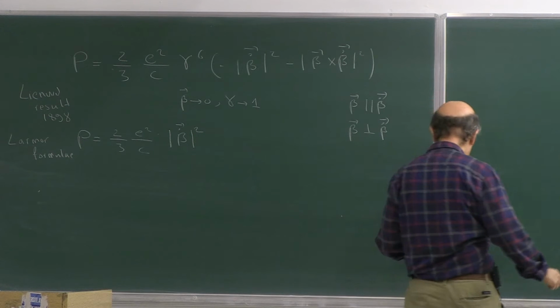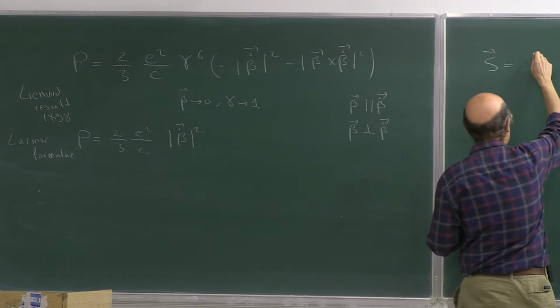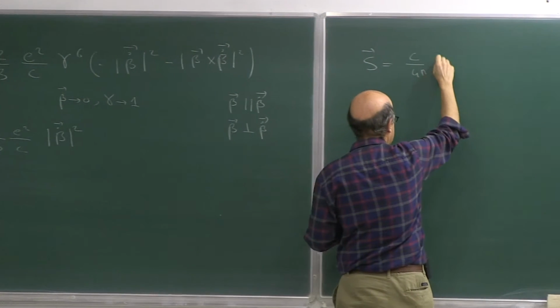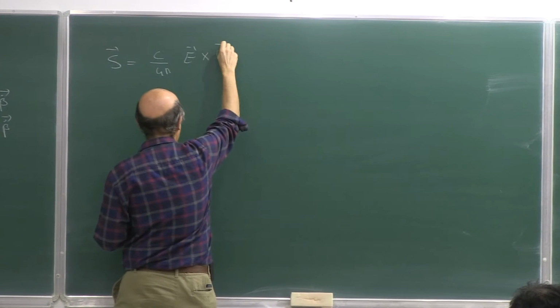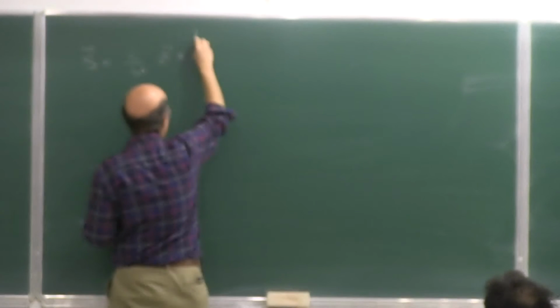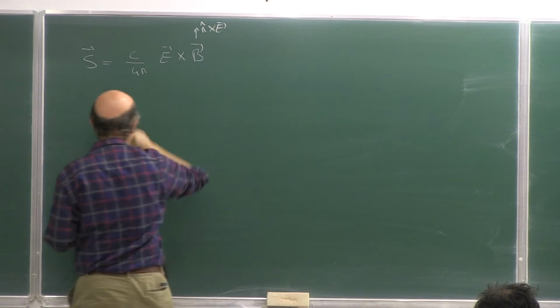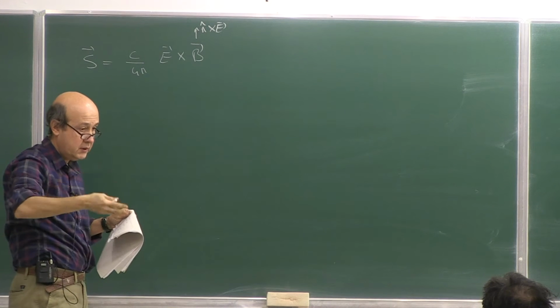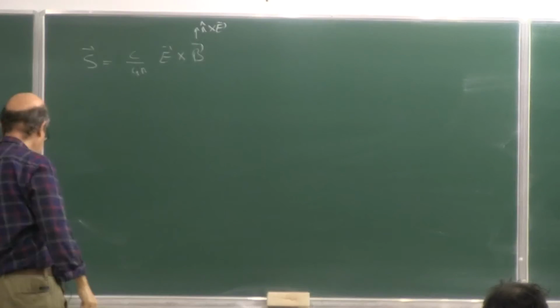So what we have at hand is the Poynting vector, that is c over 4π in Gaussian units, E cross B, and B is n cross E. We don't have a 1/2 factor because these are not oscillating fields, they are radiating fields.